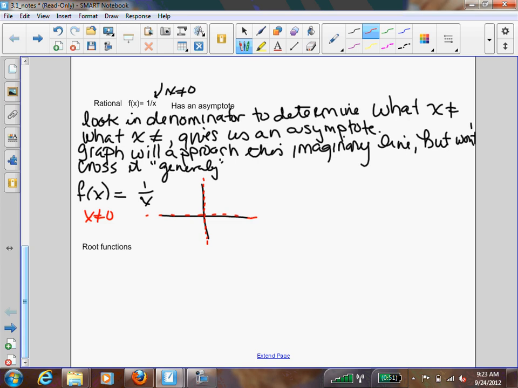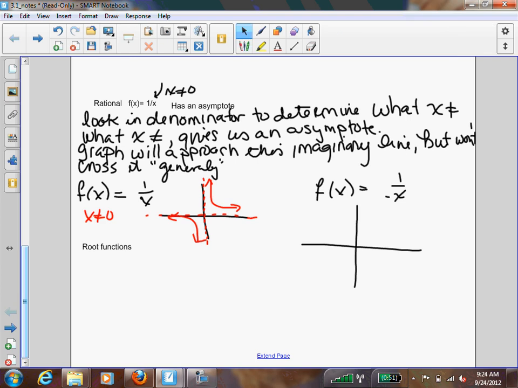And currently it's right here. But what your function looks like when it's positive, again, is in the first and third quadrants. And if I'm looking at f of x equals 1 over negative x, or a negative value, where we have the same asymptotes, what quadrants will you be in now? 2 and 4.